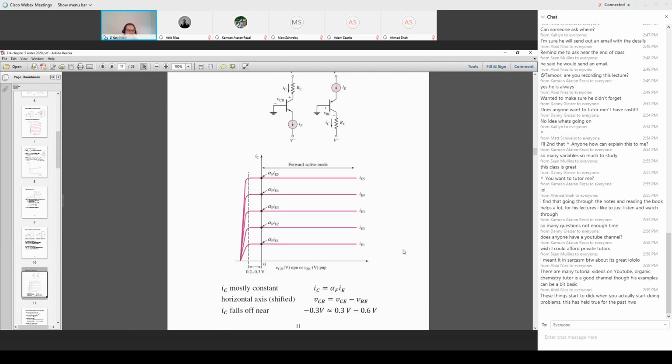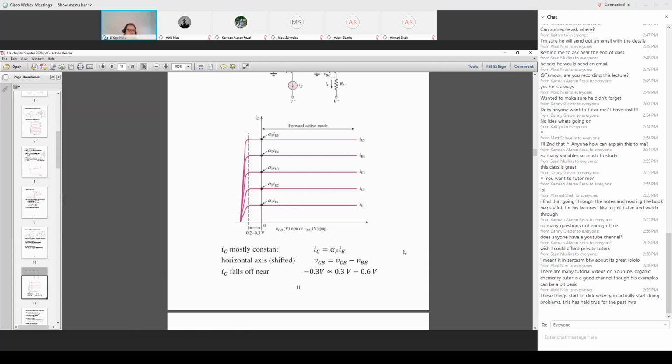This is very similar to the previous lines, except in the forward active region, the line is flat. And then eventually IC will drop to zero. The second feature is it drops to zero not on this side, not in this region, but on the negative side of VCB.